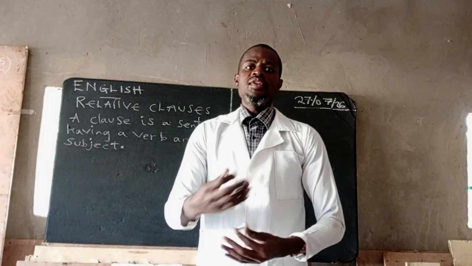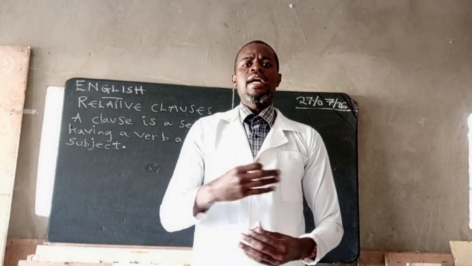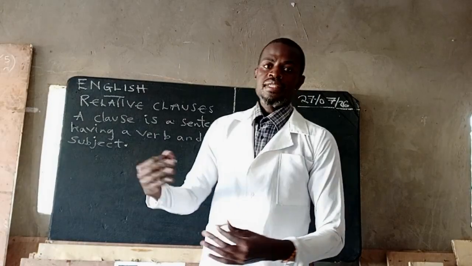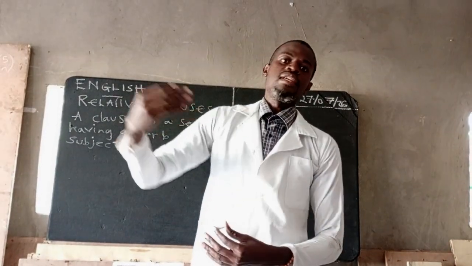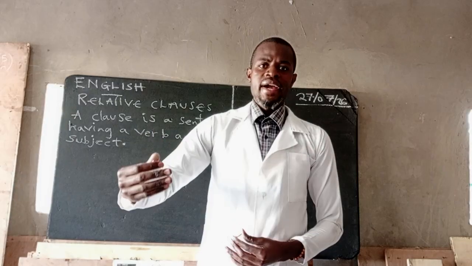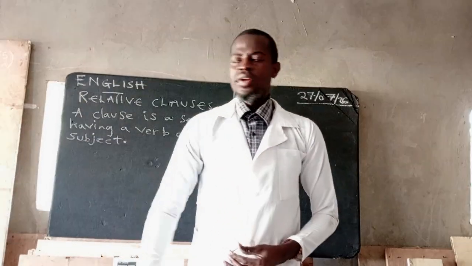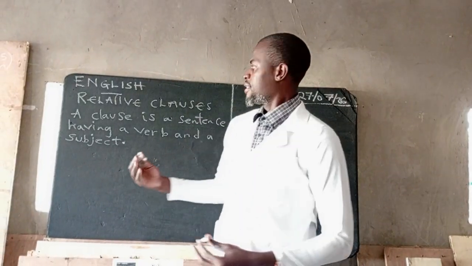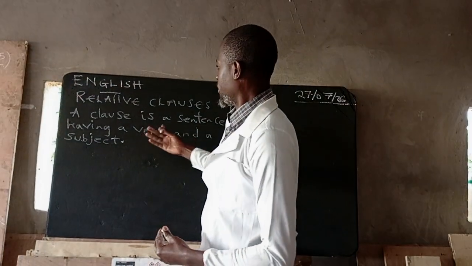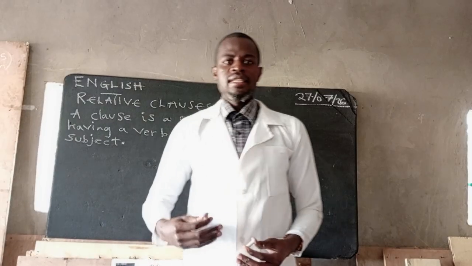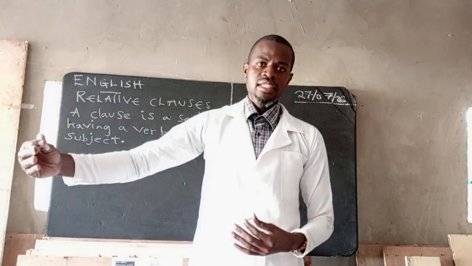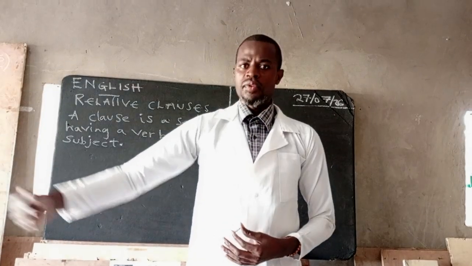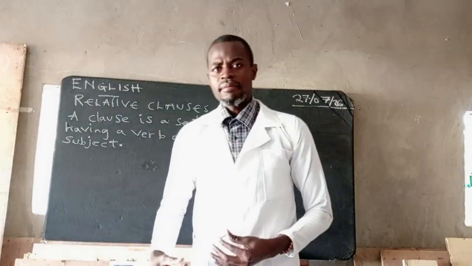So now we have a relative clause. It's just a piece of information that is introduced by the relative pronoun. Or rather, this is a sentence that adds more information to a noun and is introduced by the pronoun. What do I mean?